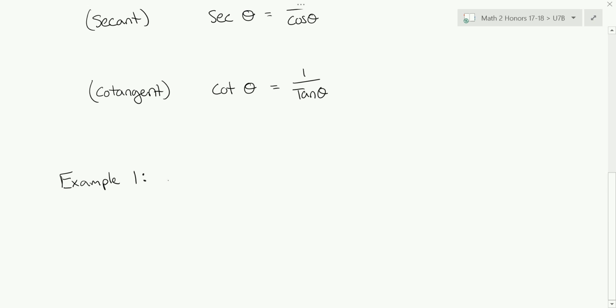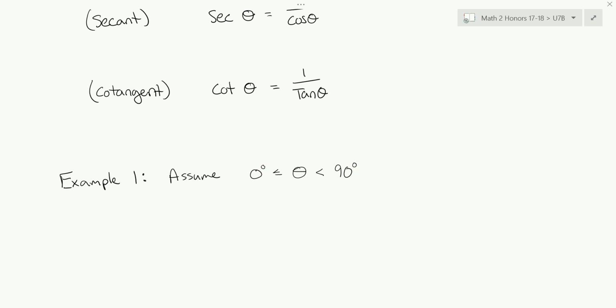We're going to assume theta is between 0 and 90 degrees. So we're just in which quadrant? Just in quadrant 1. So for these examples, we'll assume that.